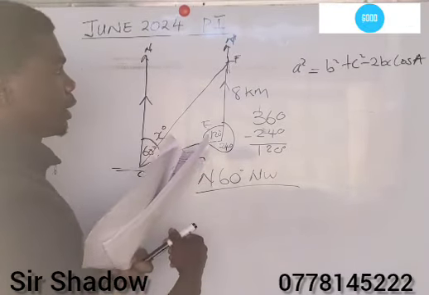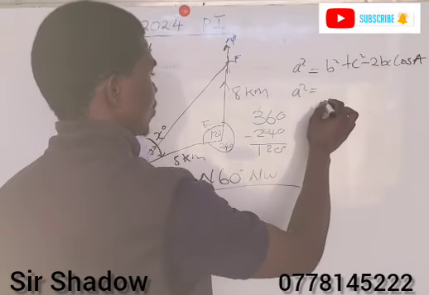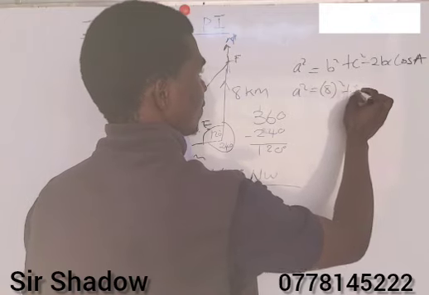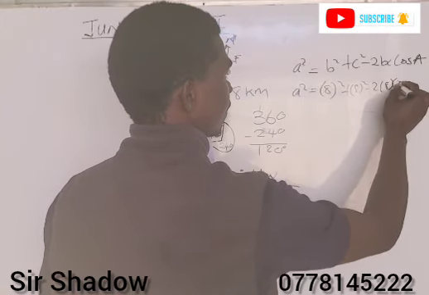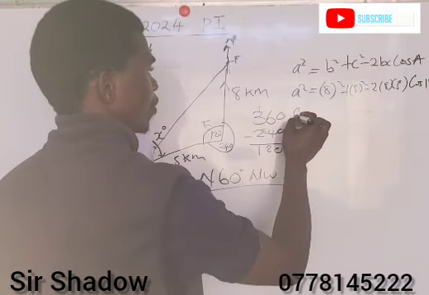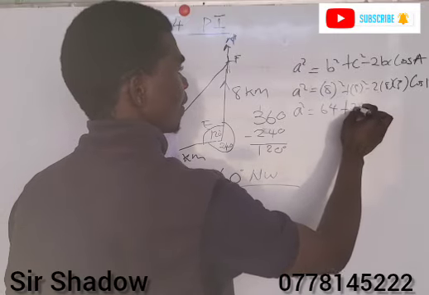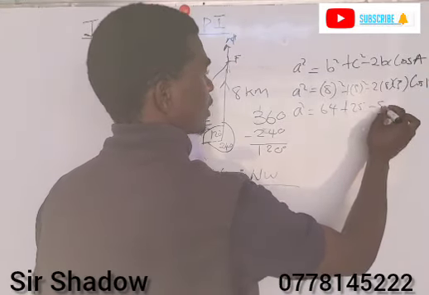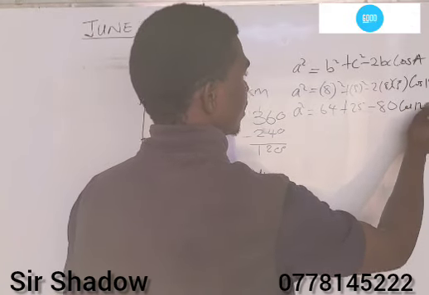So a squared is equal to 8 squared plus 5 squared minus 2 times 8 times 5 cos 120 degrees. So a squared is equal to 64 plus 25 minus 80 cos 120 degrees.